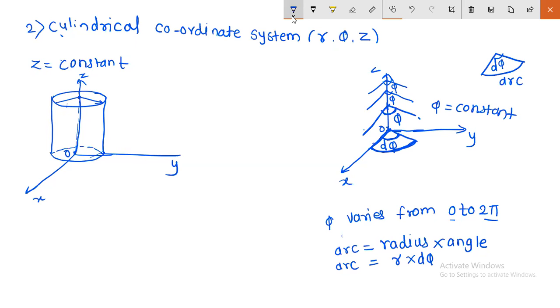So this point is showing the length of your z axis, which is nothing but the length of your cylinder.